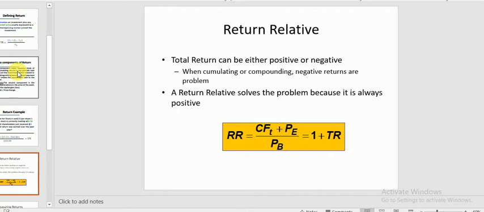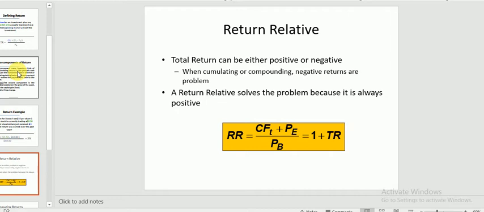when we try to compare two returns, and if some standard is given, or when we try to compare two values with the standard, so that standard comparison of returns with the two returns is called relative returns.